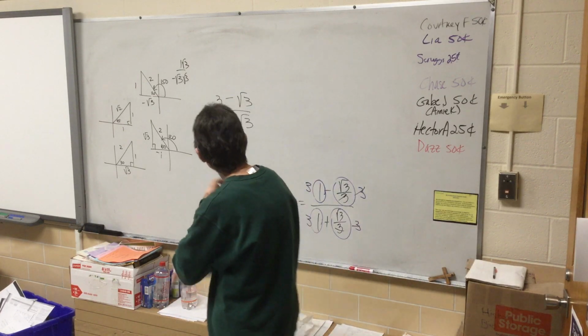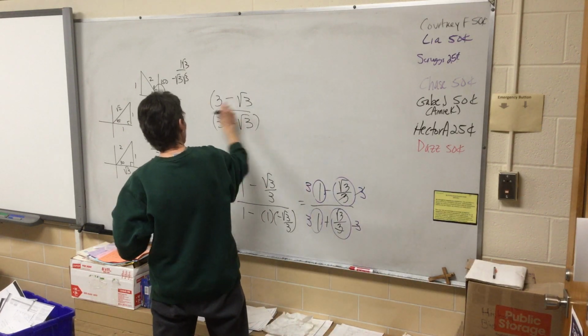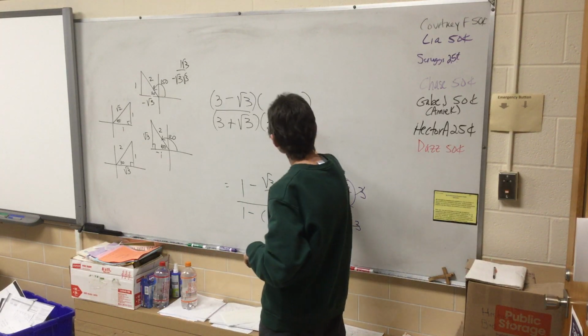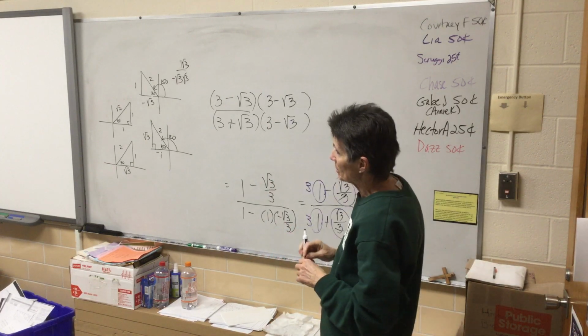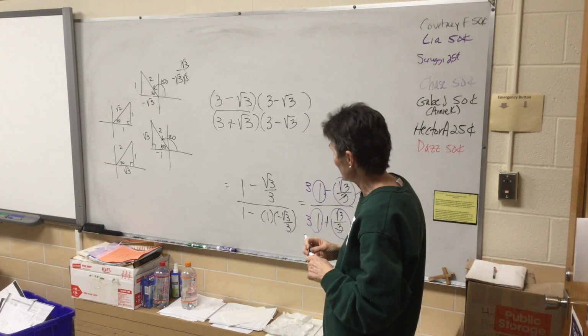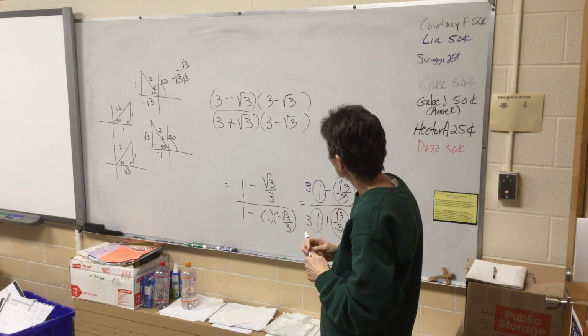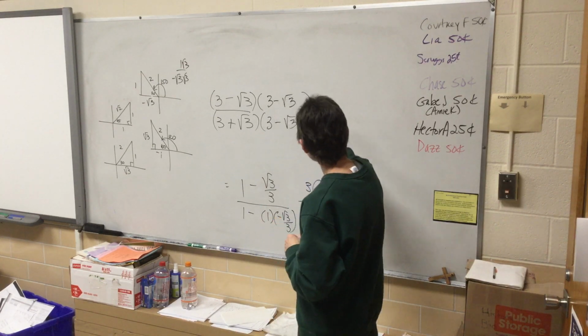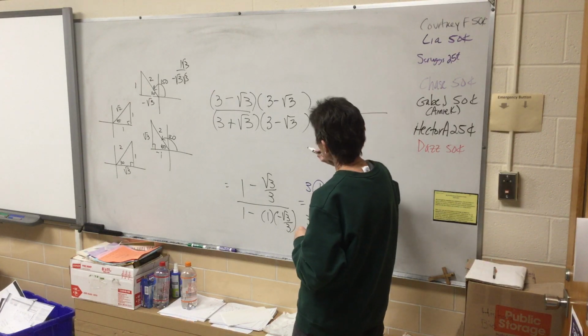Multiply by the conjugate. Love it. We're doing spoken math language. Awesome. We're going to multiply top and bottom by 3 minus root 3. We always multiply by the conjugate of the denominator. So since that's my denominator, this will be the conjugate. And now I'll just start foiling away.